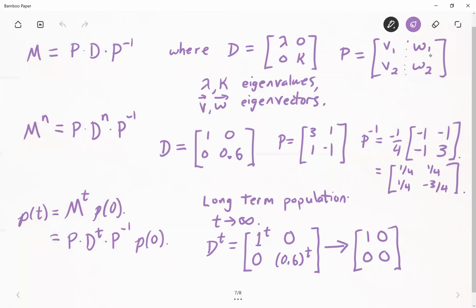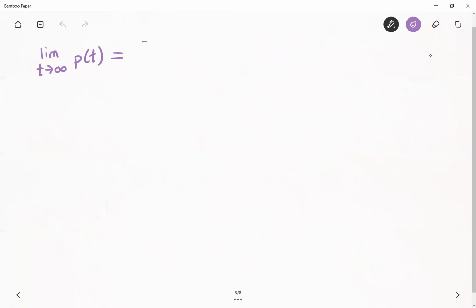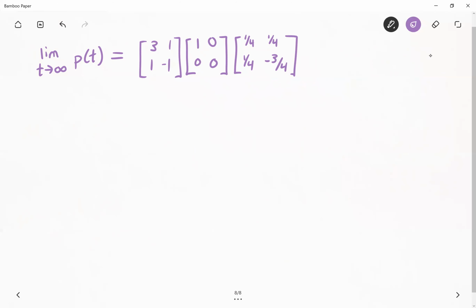That's the matrix of eigenvectors: 3, 1, 1, negative 1, times 1, 0, 0, 0, times 1/4, 1/4, 1/4, and negative 3/4, times the initial population distribution. In this case, 60, 80.